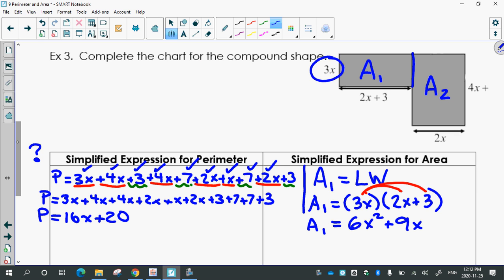All right, I want you guys now to try to get the area of rectangle 2. This one, okay? And then we'll wait and add them up together. But right now, I want you to try to get the area of rectangle 2. Oh, I see a lot of people got length times width written down. Very good.